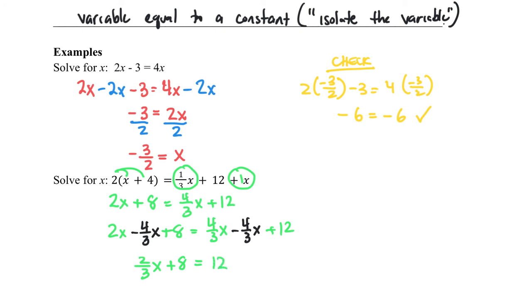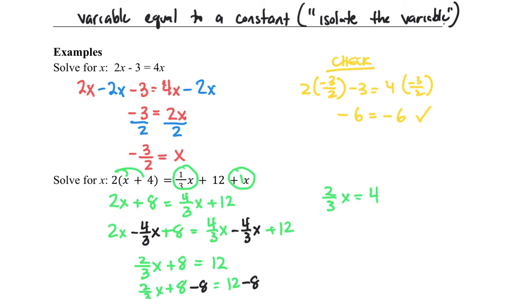Okay, so now I'm going to take that 8 and move that to the right-hand side. So now I have on the left-hand side 2/3 x, and on the right-hand side I have 4.